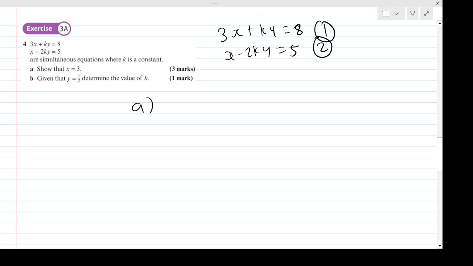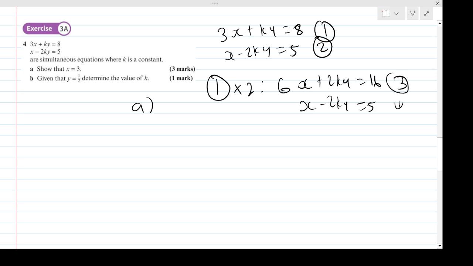So I can scale the first equation by multiplying by 2 to get 2ky. Then we have 6x + 2ky = 16. If I double the first equation, the second equation is as it was: x - 2ky = 5.